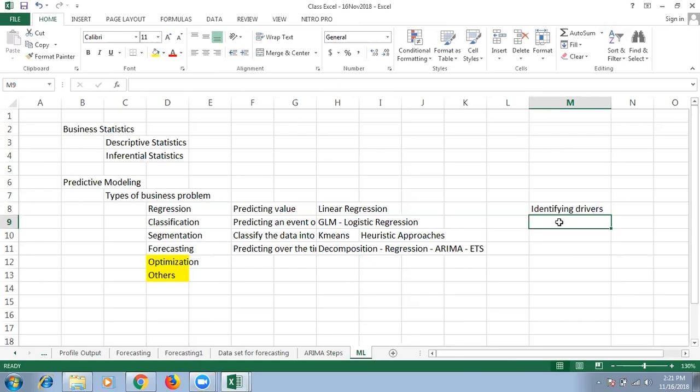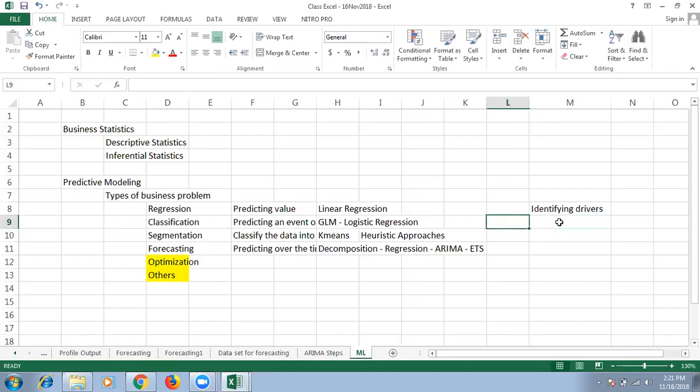So this really helps you to understand the drivers. This also helps you to quantify how much each driver is contributing. Am I correct? Because you remember, based on the t-value or the p-value, we are saying that it's more significant or less significant, etc. Do you remember or not?